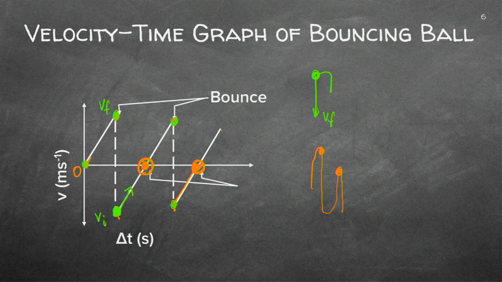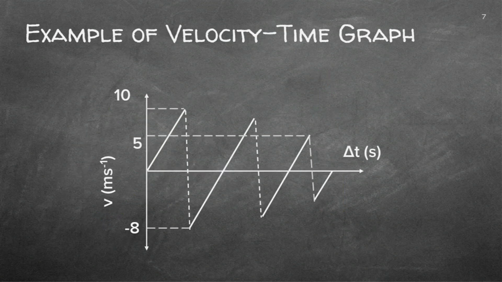So have a look at graphs, practice these. It's quite interesting, the questions that they ask. I've got a velocity graph at a value there of 10. I've got a velocity there of 5. Can you see, after the first bounce, it actually went from 10 to -8. So when this ball hit the ground, it went in with 10 and it went out with 8.